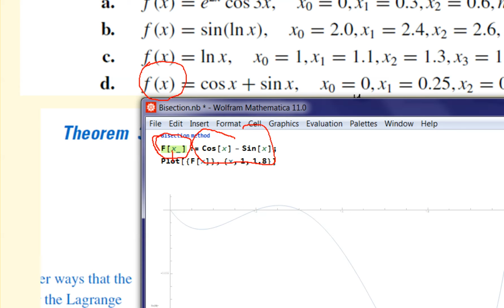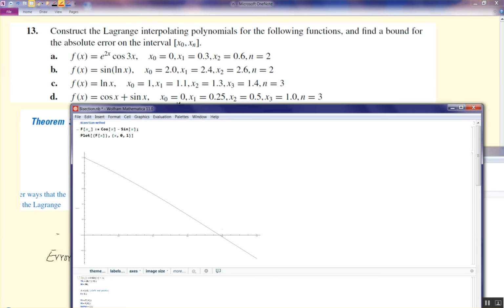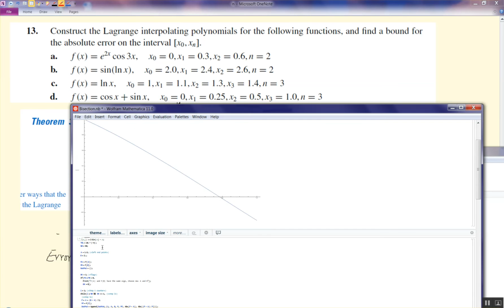I want to solve for the roots of this function, which is the derivative of the fourth derivative of my original function, right? That's what I have. And x is from 0 to 1. I would like to take a look at that. It seems to me that the 0 is right here, in between 0 and 1.